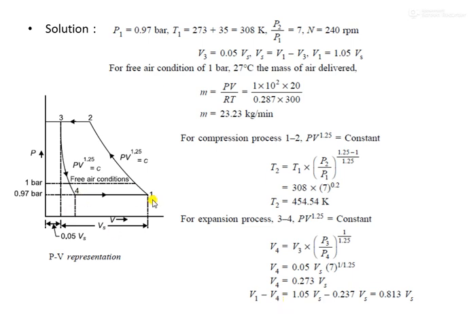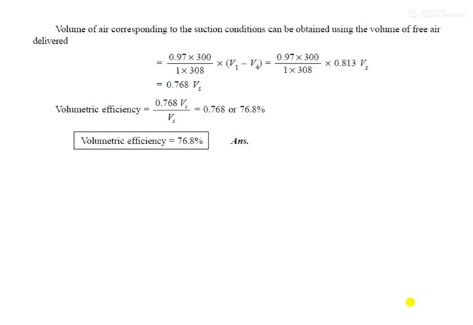And V1 minus V4, because V1 is 1.05 of the swept volume minus 0.237 of the swept volume, comes out to be 0.813 of the swept volume. That is this much volume, 0.813 of the swept volume.